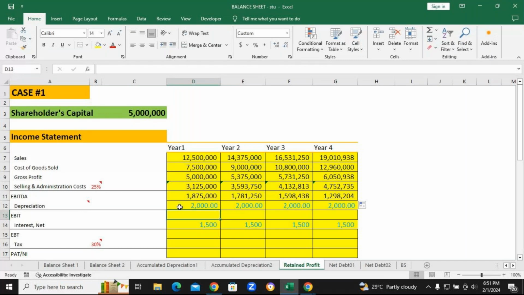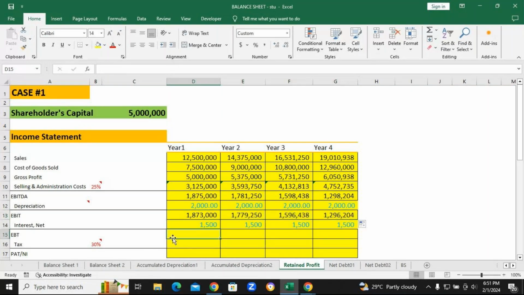The equipment life is for 4 years. The depreciation method to be followed is straight line method with zero salvage. So we had calculated how to do the depreciation also. So equals EBITDA minus depreciation. Enter. So I'll come here and use the fill handle.